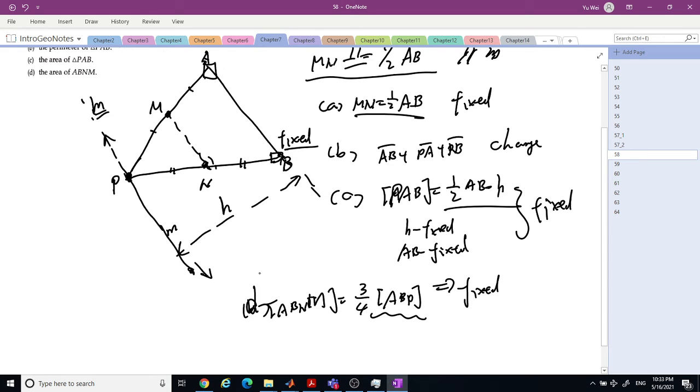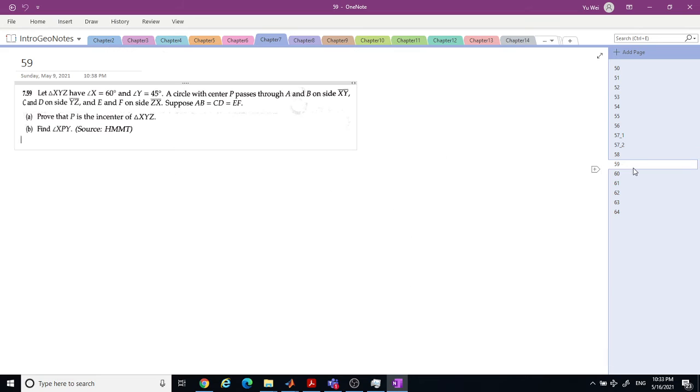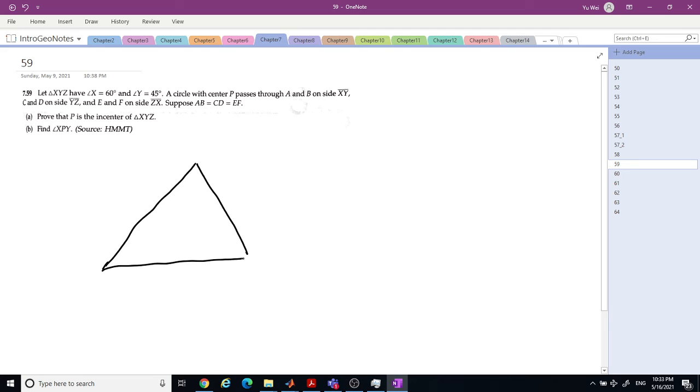D. Okay. So we let the triangle XYZ have x equals 60 and y equals 45. And a circle with the center P passes through the AB on the side of the XY.